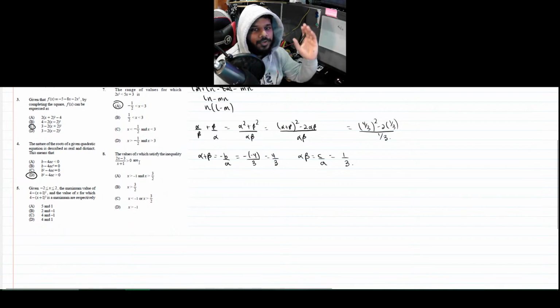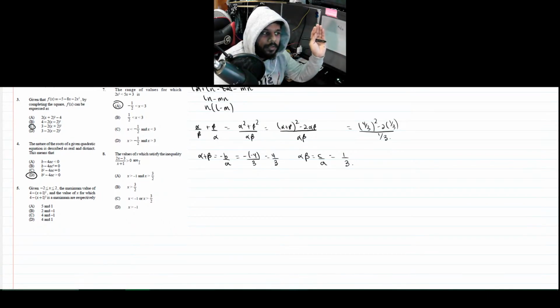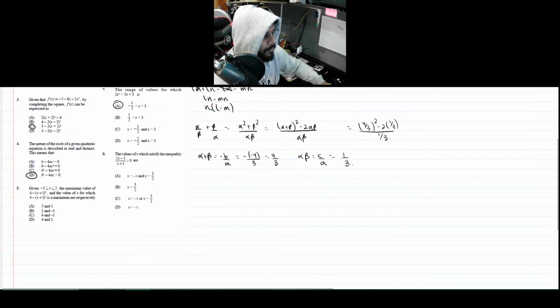Alright, so for multiple choice, what you can do for this thing here is put the numerator greater than 0, put the denominator greater than 0, and solve for the two values. Put them on the number line and test. So I know that my two values for this number line are going to be 3 over 2 and minus 1. I'm testing 0. When I plug 0 into my inequality, I get minus 3 over 1.